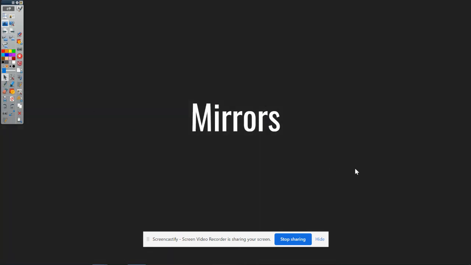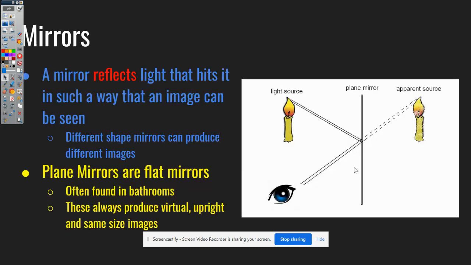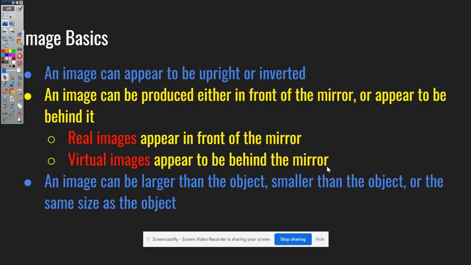All right, so before we talk about mirrors and lenses, I want to skip to images. Images happen when light rays line up a certain way. The image can be upright, so that means like if this is my object, a lot of times we'll use an arrow, upright would be the image right side up.